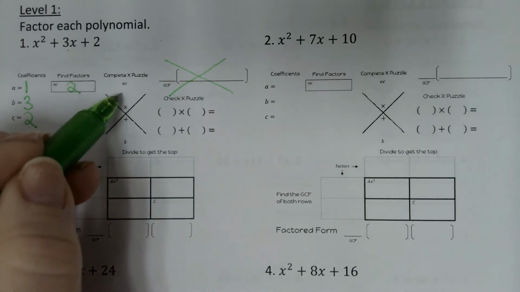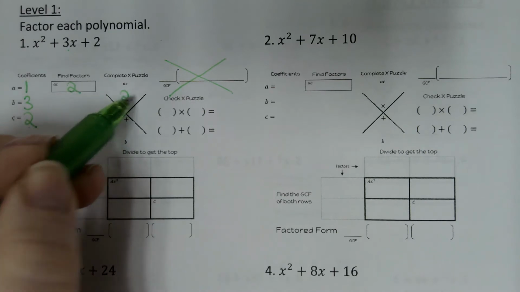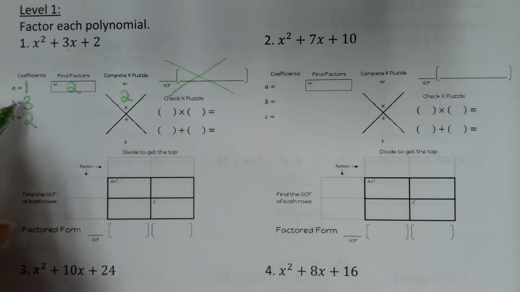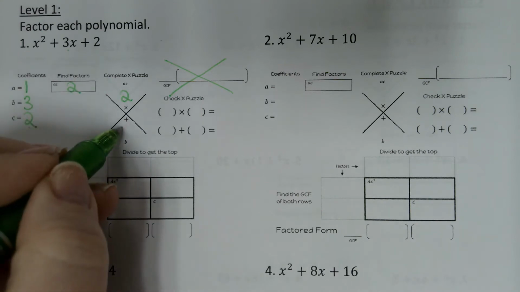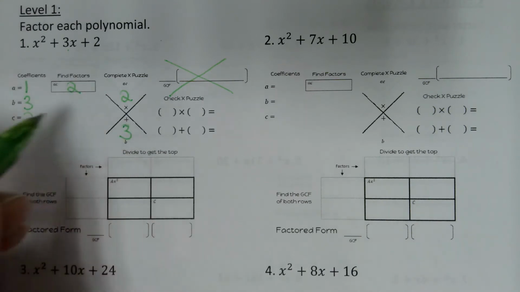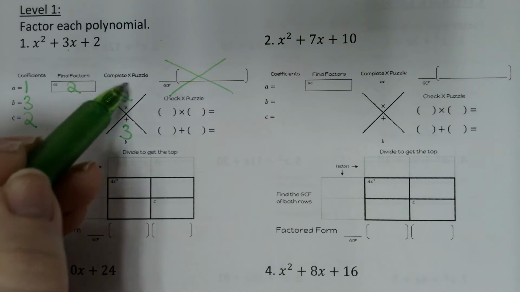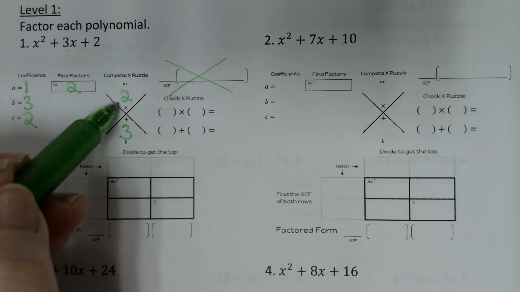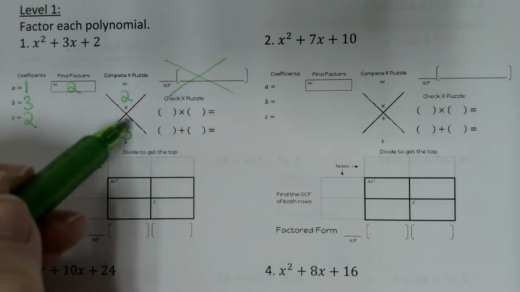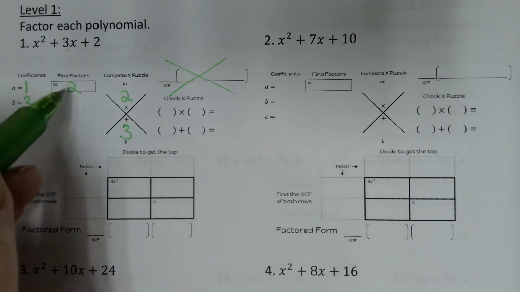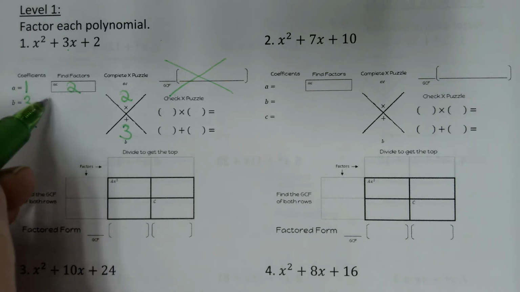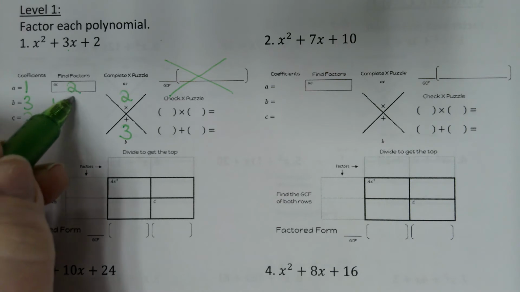Now that 2 is going to be the top of our x, and the 3 will make up the bottom of our x. We are trying to get something to multiply to be this top number and add to be the bottom number. So writing out the factors of 2, we have 1 and 2.